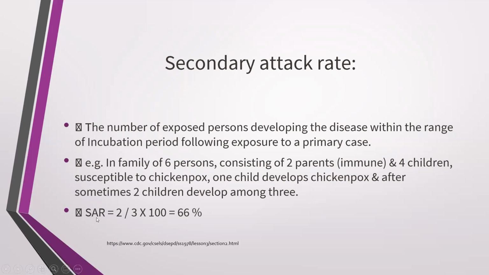So the secondary attack rate would be 2 divided by 3 times 100, as out of all 4 children, one was the primary case. The primary case was excluded from both numerator and denominator, and only 2 children developed the disease out of the three remaining. So, 2 out of 3 times 100, the secondary attack rate was 66%.